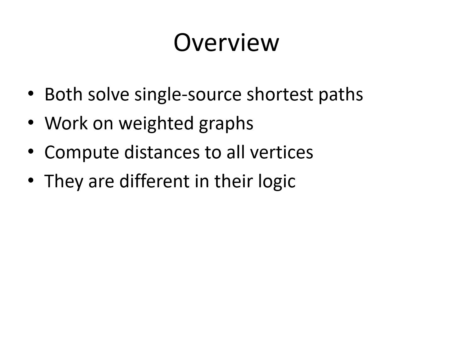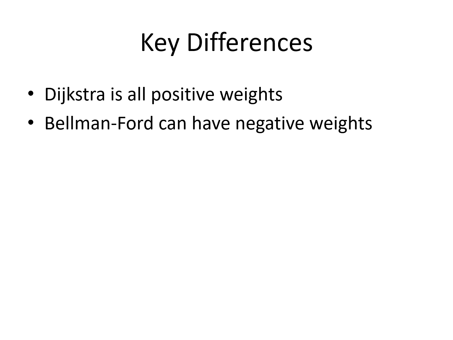However, they are different in their logic. The main difference is that Dijkstra can only work with positive weights. There are no negative weights in its graph. But Bellman-Ford can have negative weights, though it is slightly slower.